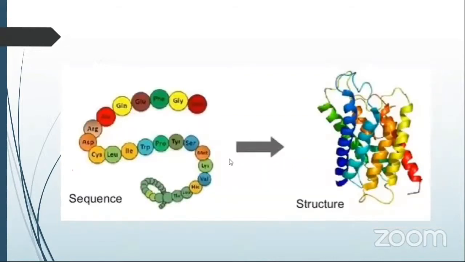So this is how it looks like. If we are dealing with the protein sequence, we will have the 20 amino acids, for example glycine, phenylalanine, glutamate, arginine, asparagine, cysteine, leucine, isoleucine, tryptophan, proline, serine.